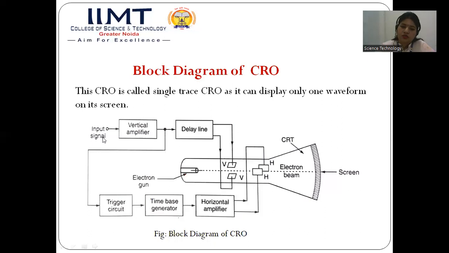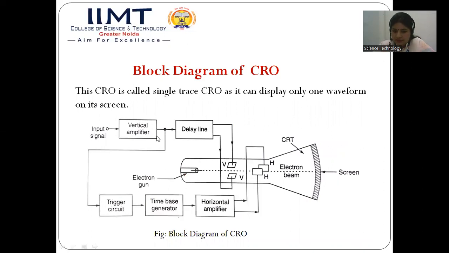The vertical amplifier is a very important part of this CRO, because it amplifies the input signals. Some input signals are very weak, so with the help of the vertical amplifier, those weak signals get amplified so that we can get a measurable amount of deflection on the CRO screen.